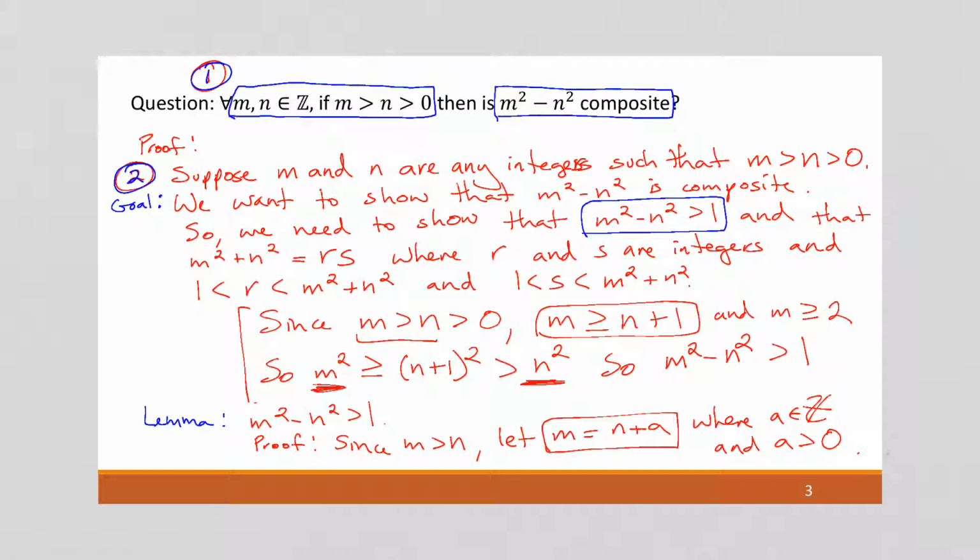So right now I'm doing something called existential instantiation. I'm saying I know there's some number that when added to n gives me m, and I'm going to name that number a. So this is an example of existential instantiation. I haven't finished my proof though. We're going to have to go on the next slide for that.